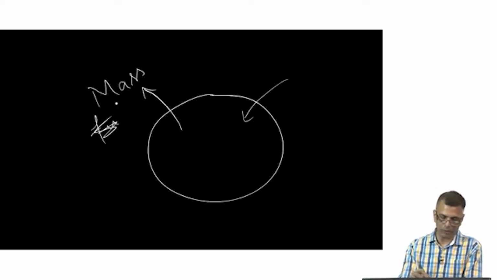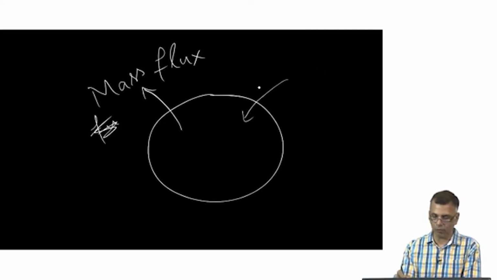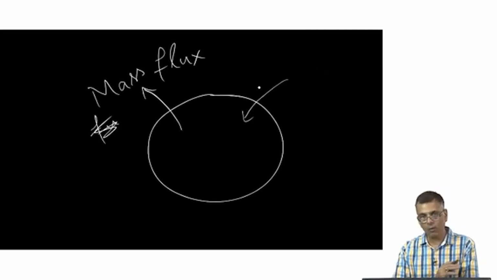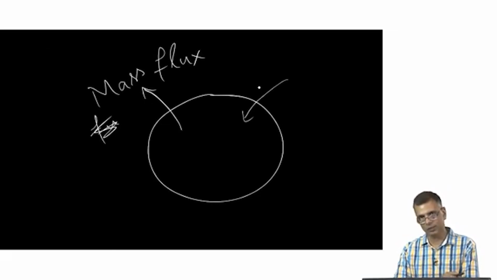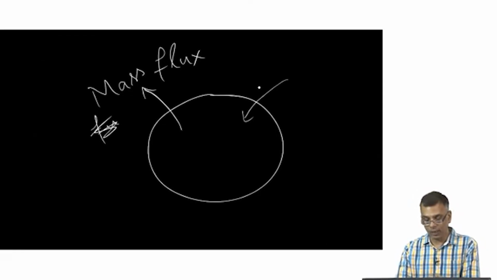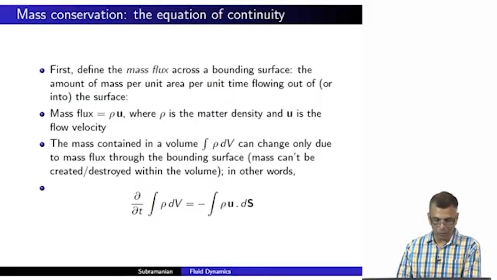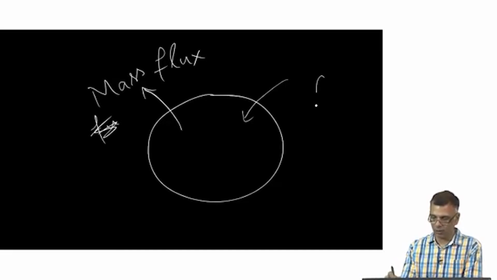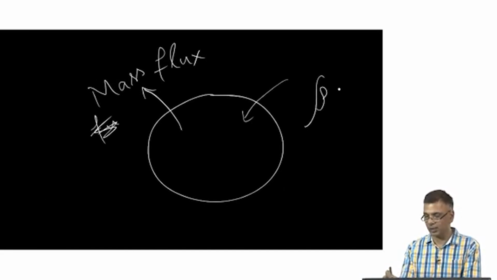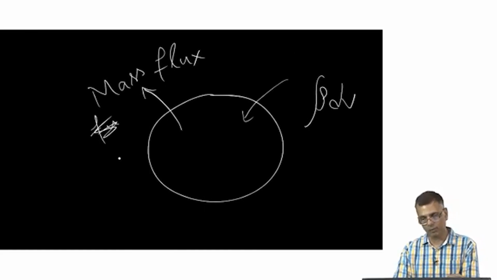Mass flux, either flowing out or flowing in like this. That's the only way the matter density inside this volume can change. And so what's the total mass contained inside this volume? The total mass contained is simply rho, the mass density, times dV integrated over this whole volume.